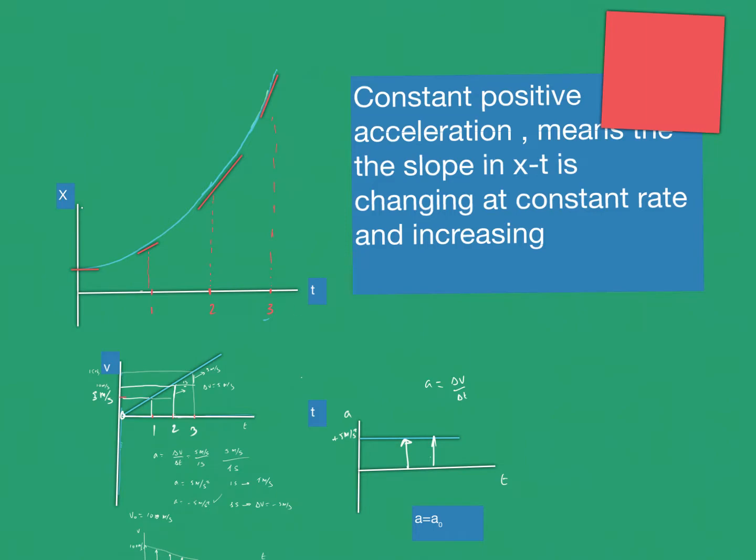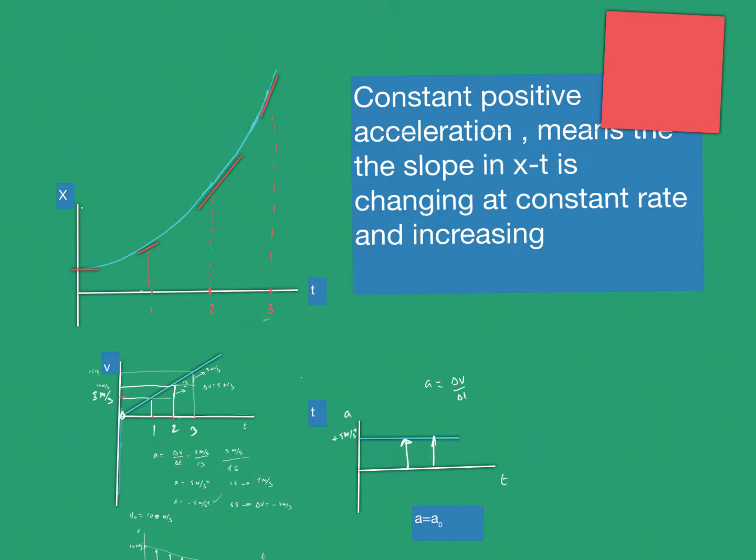What does it mean that the slope is changing? The slope in the graph x of t is the measure of the velocity. So the velocity here is 0. Maybe the velocity here is 10 meters per second, because the slope is like this. Maybe the velocity is 50 meters per second, because the slope is bigger. Maybe the velocity is 20 meters per second, because the slope is changing.